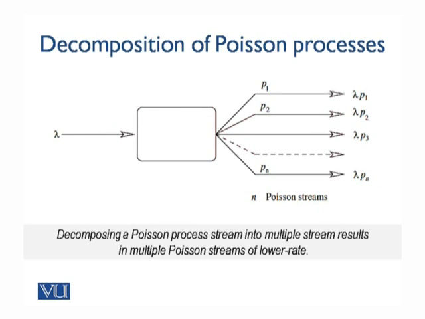So in effect, we see that this is just the reverse operation of the superpositioning, and the rate at the input and at the output is still the same. It's just that we have decomposed the incoming Poisson process into multiple Poisson streams at the output according to the probability that we've chosen. So this is again a useful property when we will study queuing networks.